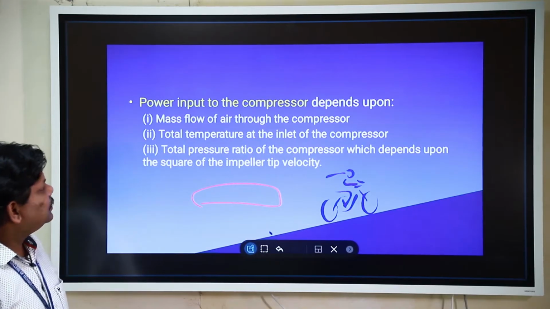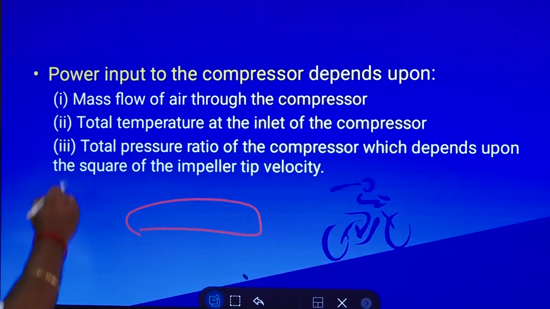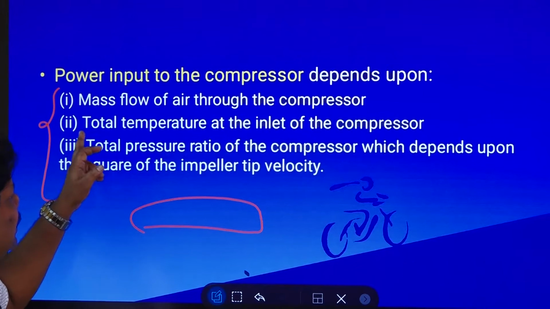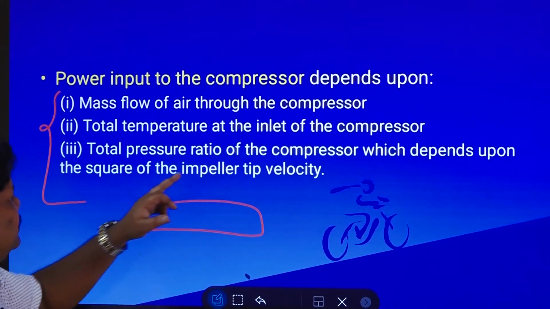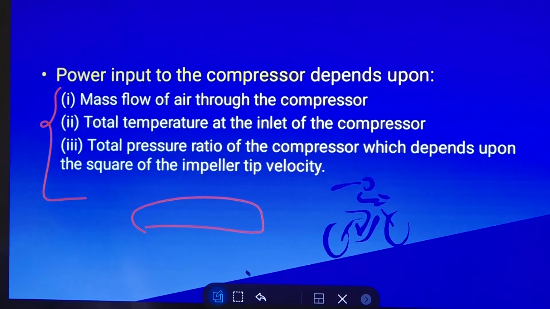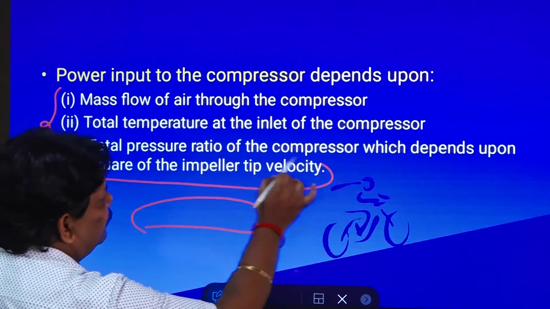So the power input to the compressor depends upon these conditions: the mass flow of air through the compressor, the total temperature at the inlet of the compressor, and the total pressure ratio of the compressor, which depends upon the square of the impeller tip velocity.